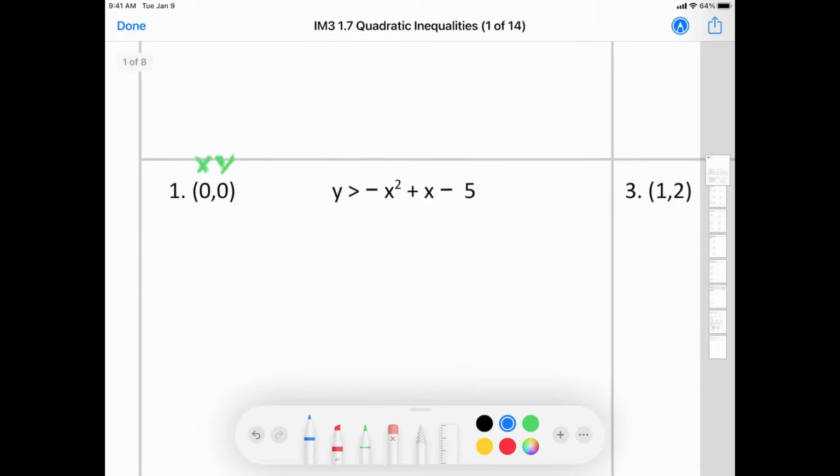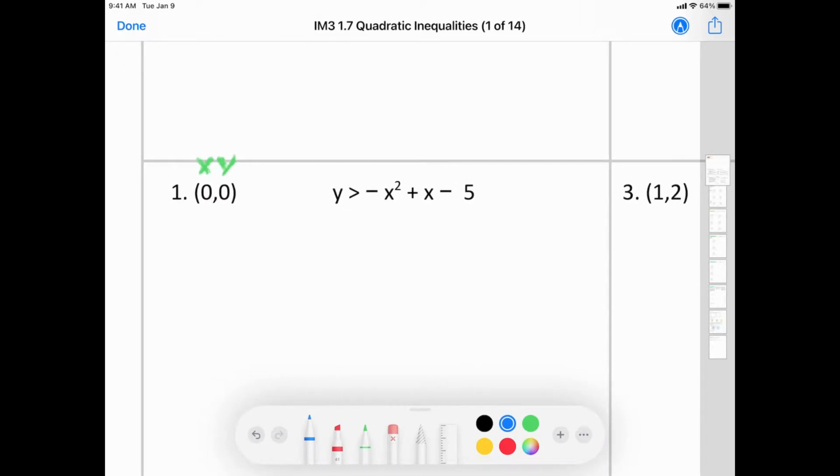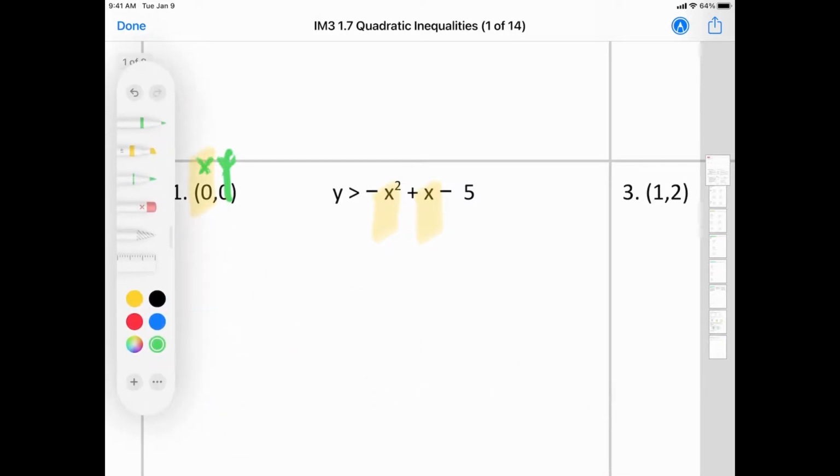All right, for question number 1, I'm going to put in x equals 0. Let's highlight that so you can see it. And don't be intimidated by the inequality sign. Just think of it as an equal sign in some ways. Every y value we're going to put in 0 here.